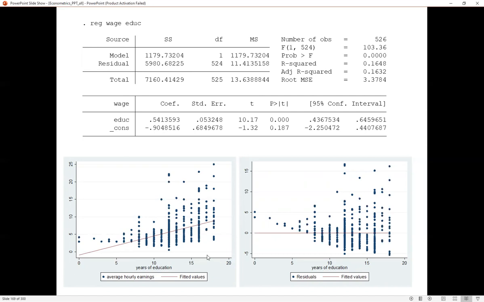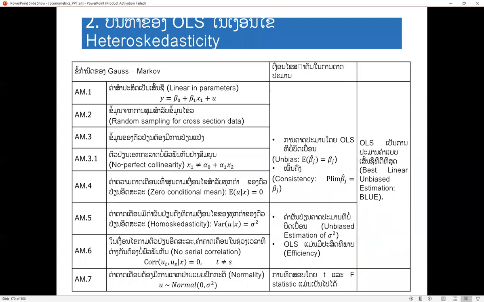This is the sign of heteroskedasticity. If we face this problem, the variance of the regression, meaning the standard error, and also the t-test, is biased. So we cannot use the normal standard error and t-test.